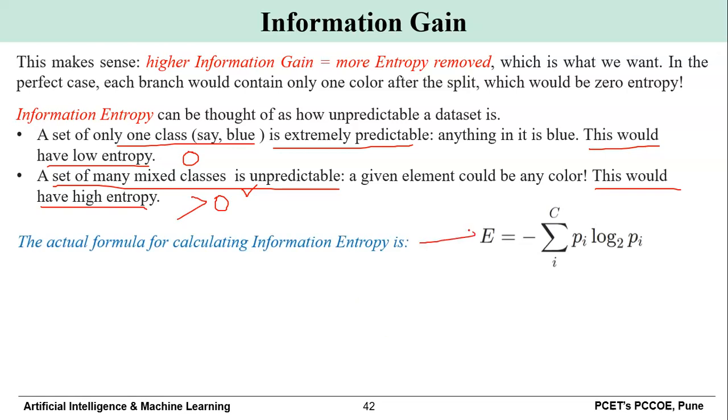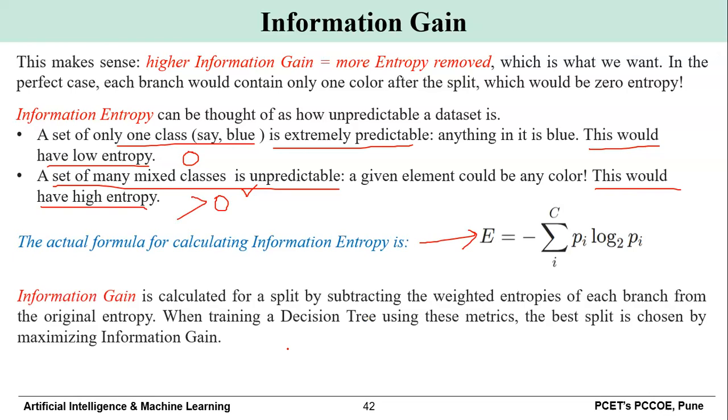We already saw the formula that we used to calculate the entropy. Information gain is calculated by subtracting the weighted entropies of each branch from the original entropy. When training a decision tree using this metric, the best split is chosen by maximizing the information gain.